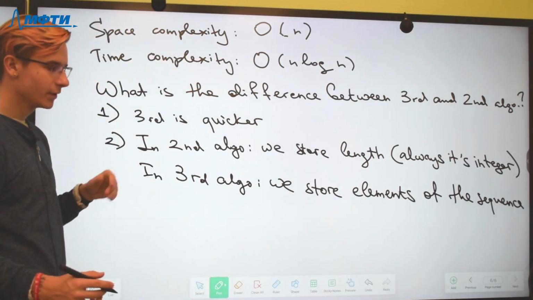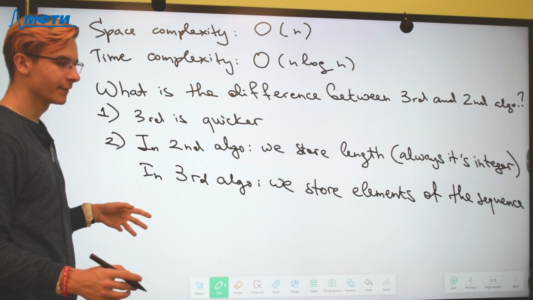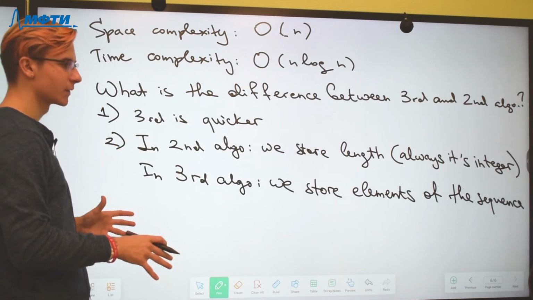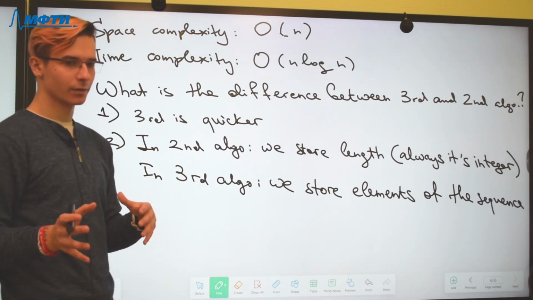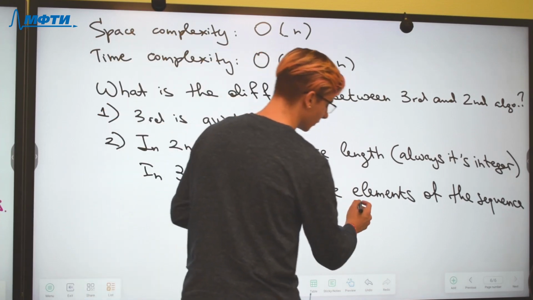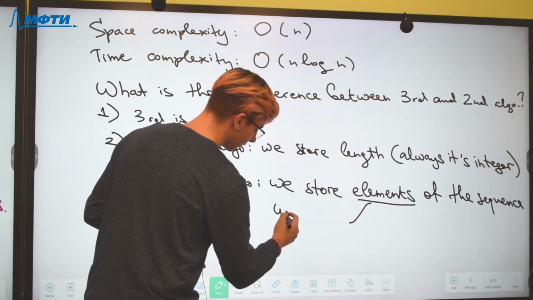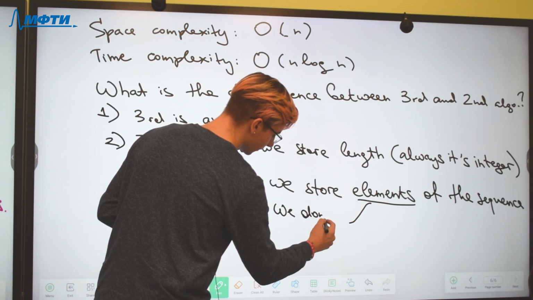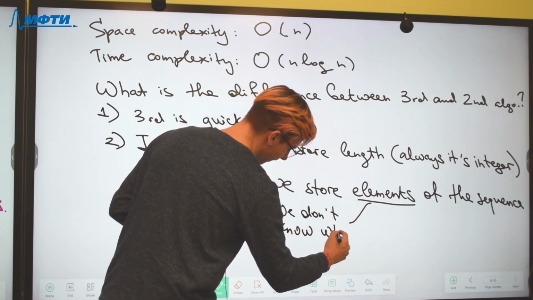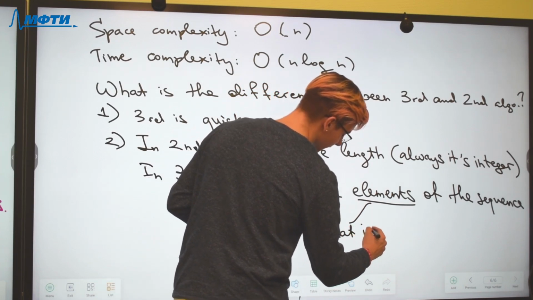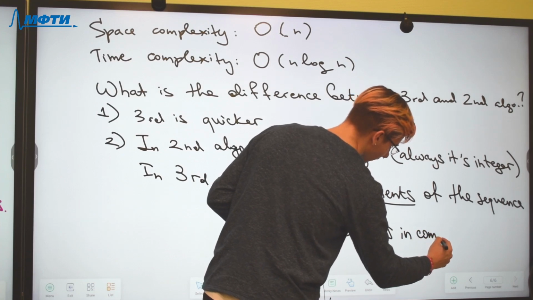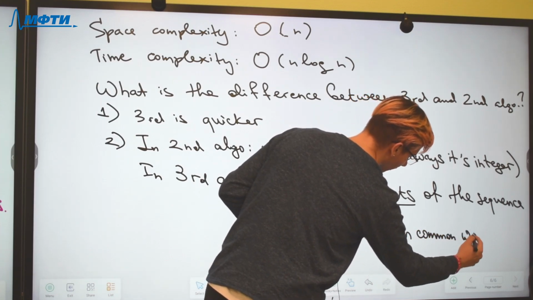So, if you realize the third algorithm in a way where we copy elements from the sequence into the fixed array, then the elements, we don't know what they are in the common case.